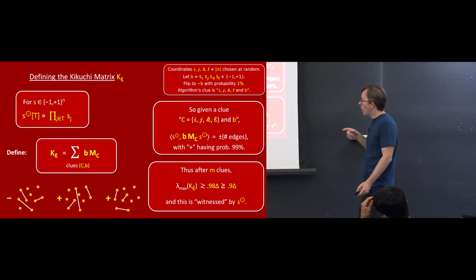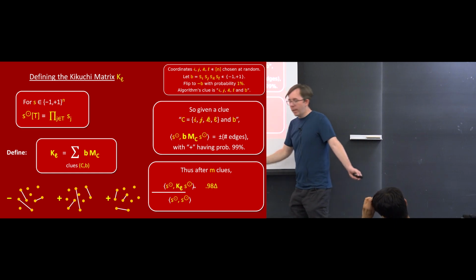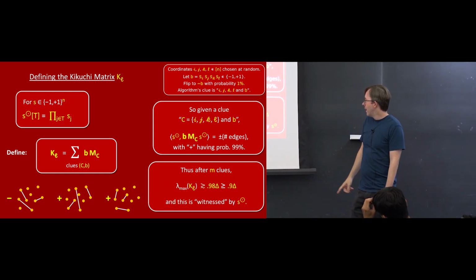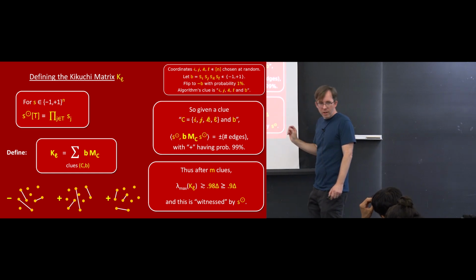And therefore, that shows that, first of all, this matrix has an eigenvalue that's at least 0.98 times delta. And moreover, it's witnessed by this vector S dot.